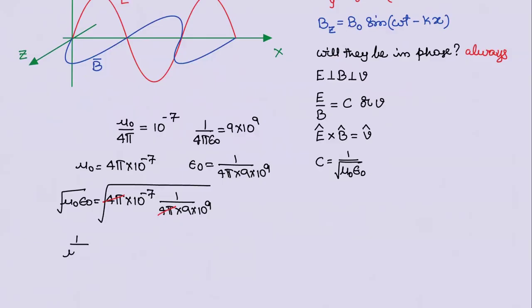And 1 by root of mu naught epsilon naught, you have to take the reciprocal. 9 into 10 power 9 by 10 power minus 7 under root. So 10 power minus 7 goes to the numerator, it will be 10 power plus 7. How much is it? 9 into 10 power 16 under root. So it is 3 into 10 power 8.